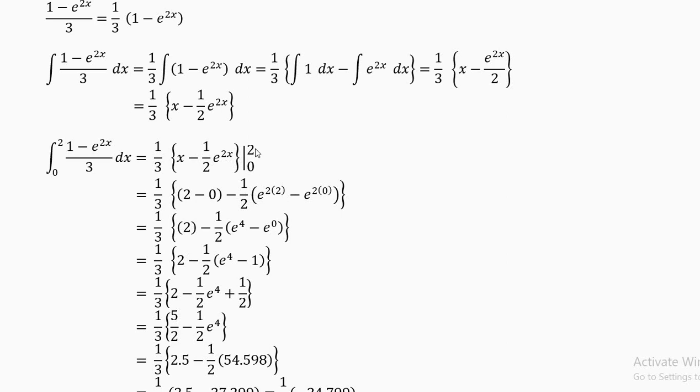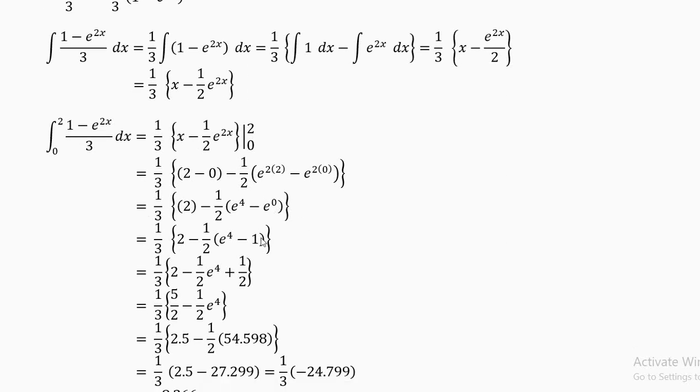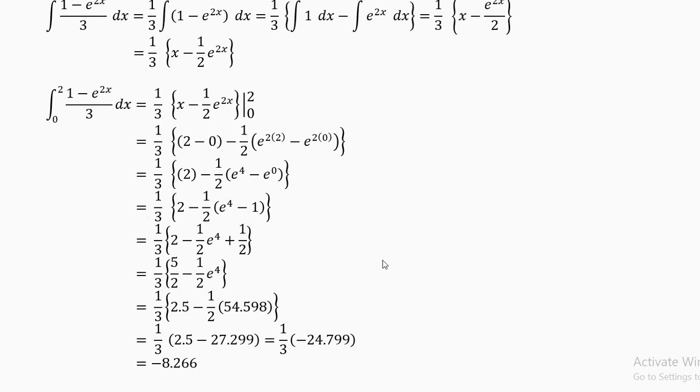First time it is 2, then it is 0. 2 into 2 is 4, 2 into 0 is 0. E power 0 is 1, and e power 4 will need a calculator, minus half. Now open the bracket. 2 minus half into e power 4 minus half into minus 1 is plus half. 2 plus half is 2 and a half, which is 5 by 2 or 2.5, both are fine.